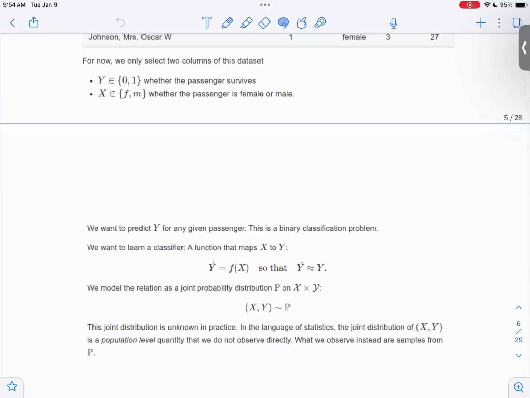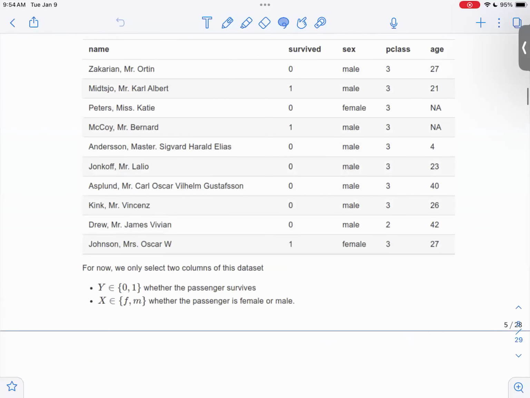And what I want to learn is some sort of function that maps X to Y. So that function would map X to Y hat, which is my prediction of Y. I want this to be very close to Y, no matter what the data point is. As long as I'm generating from this distribution, I want to be able to predict Y based on X. This distinction between population level and realizations is subtle.